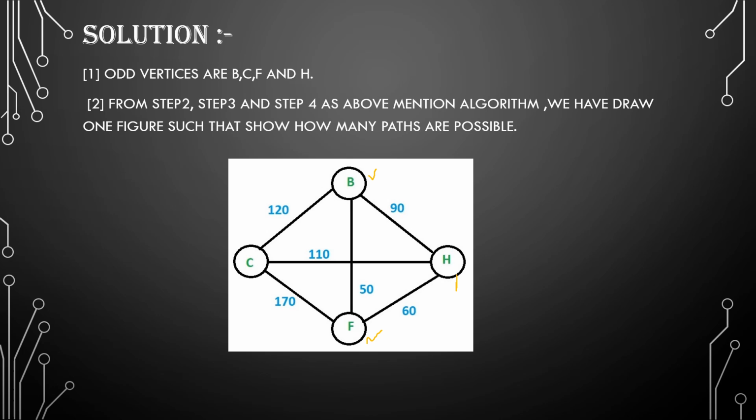The minimum distance between B and C is 120, C and F is 170, and F and H is 60. B and H is 90, B and F is 50, and C and H is 110. So we draw a graph joining all four vertices.